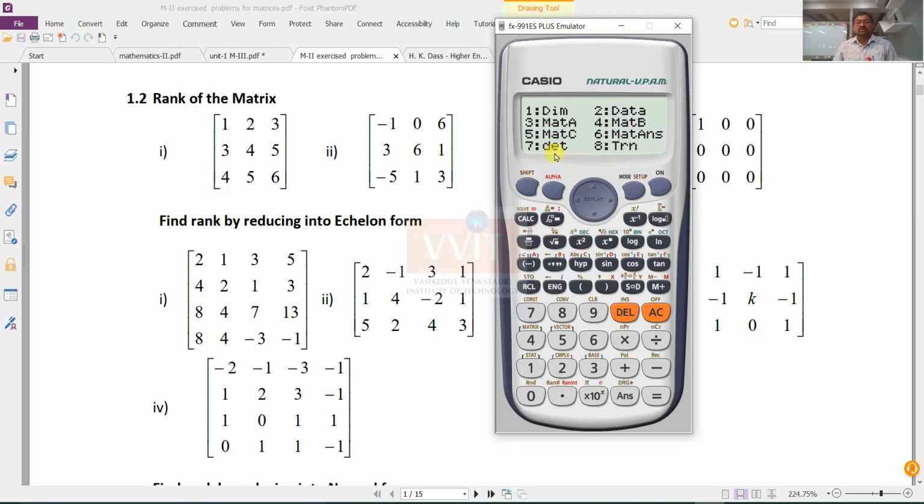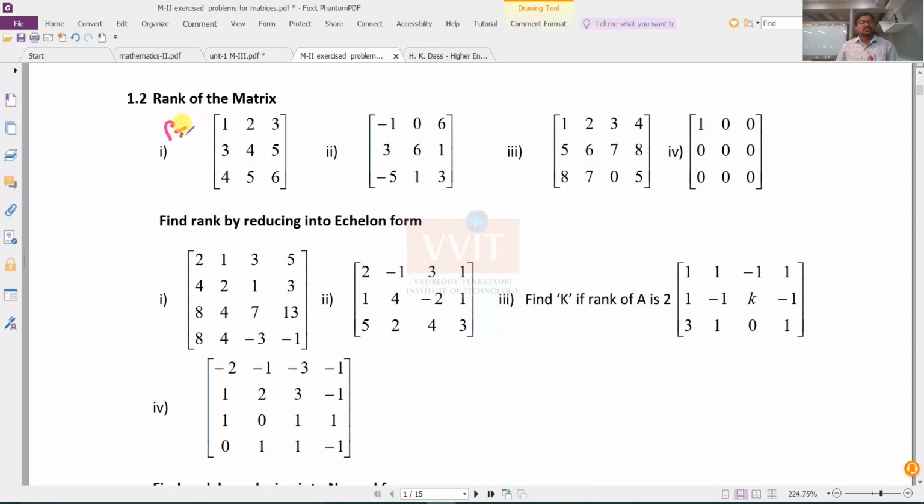What I need to find here is the determinant, which is number 7, so option 7. Again shift 2, shift 4. The matrix I entered is matrix A, which is option 3. Close the bracket and press equal to. Fortunately we got the determinant as 0. That means its rank is not equal to 3.